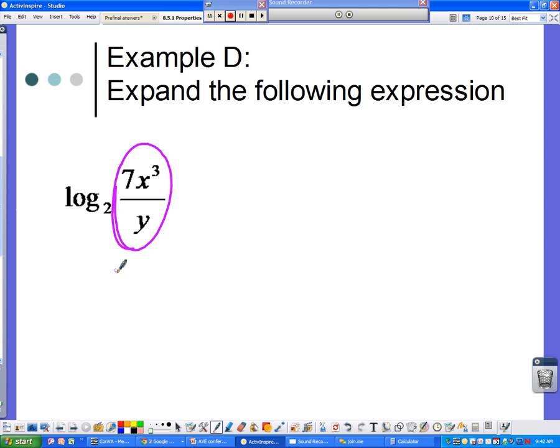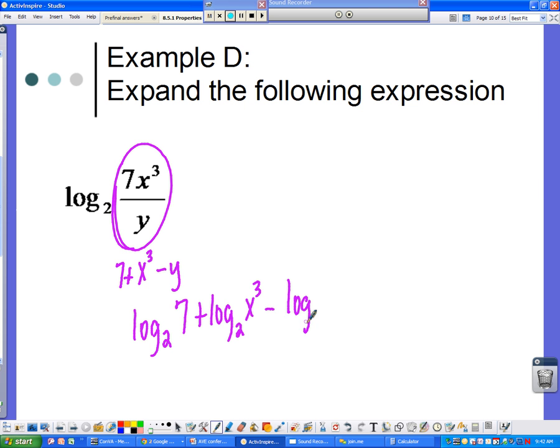So I have a 7, I have an x to the third, and then we're dividing by a y. Remember, when we divide, it's going to be the minus. If you write those out, it might make it a little more helpful. So it's going to be log base 2 of 7 plus log base 2 of x to the third minus, since the y is on the bottom, log base 2 of y. Now remember, our exponents when we're expanding come all the way out front.